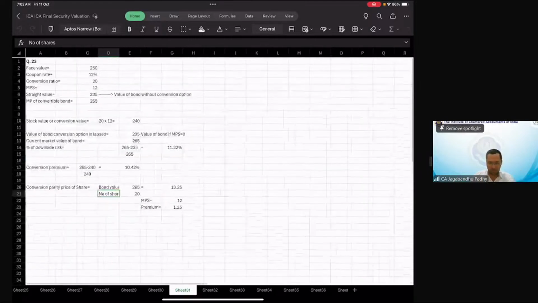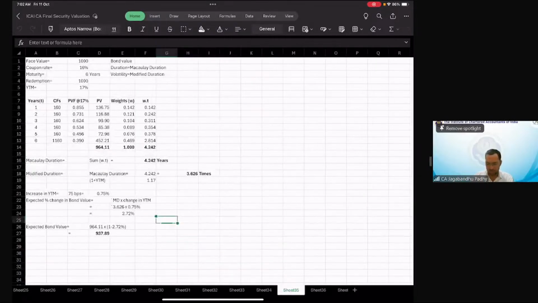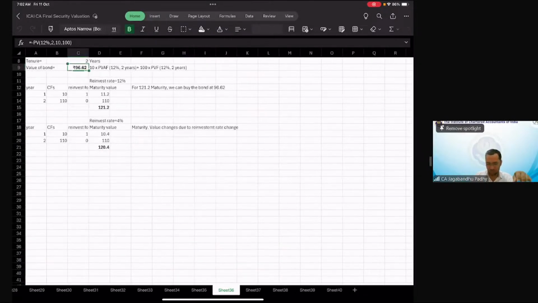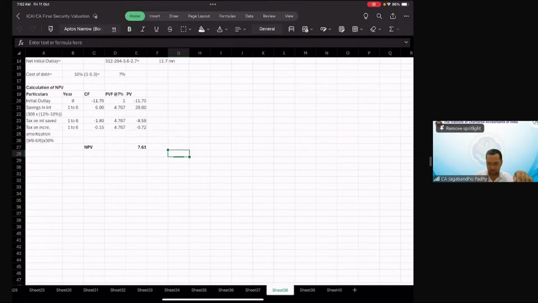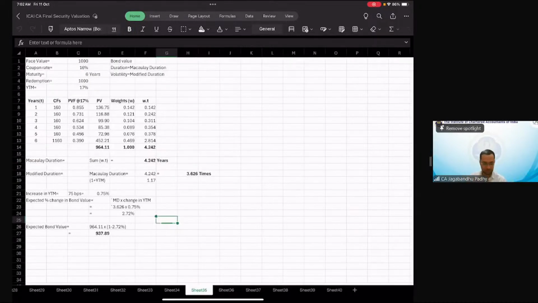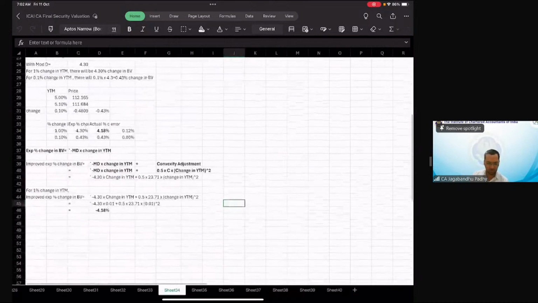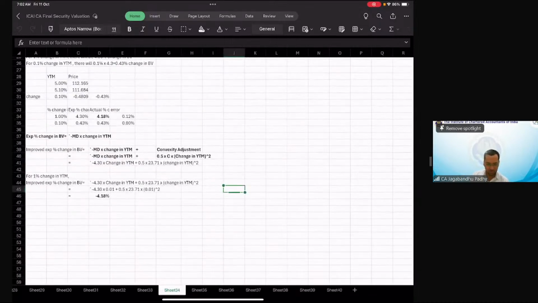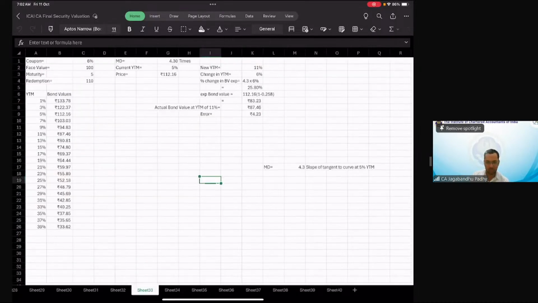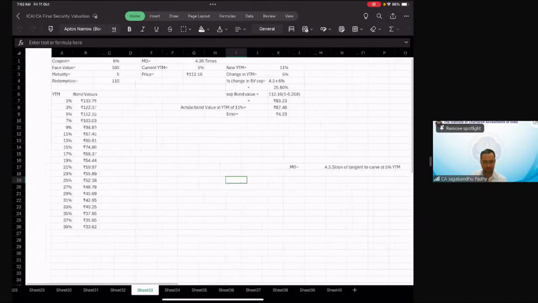So we've just identified what could be the reason for that. And essentially what we observed was the curvature of the bond. So it was the curvature effect of the bond, due to which we found that there is an error that we observed.